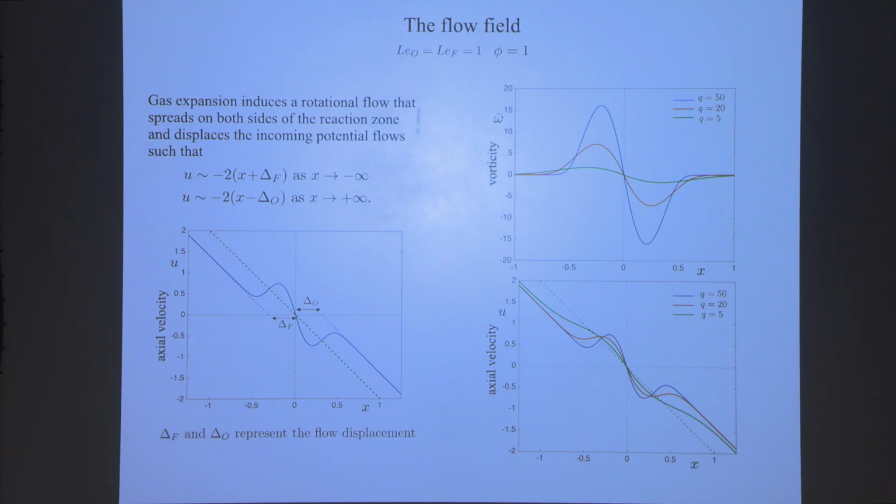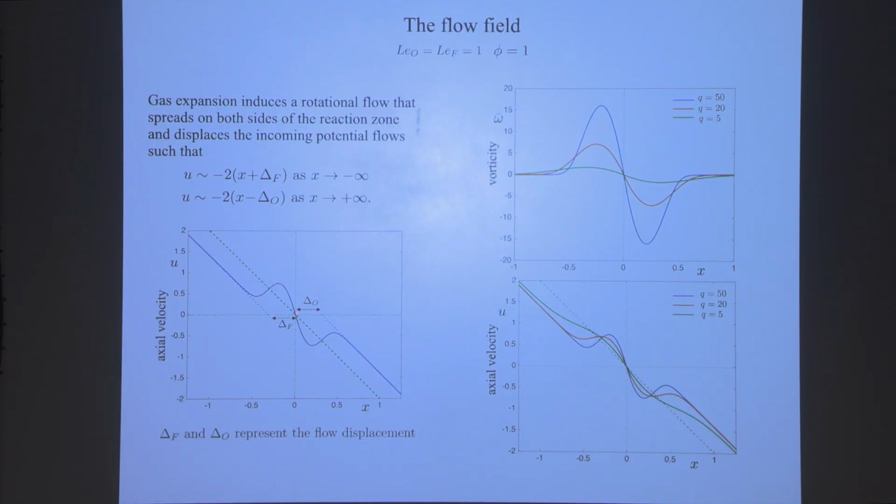Okay, and this is what I really wanted to emphasize, which is the flow field. If there is no combustion, essentially the solution is this dashed curve here, which, remember, was just proportional to x. Now, with combustion, the axial velocity goes up, then down.